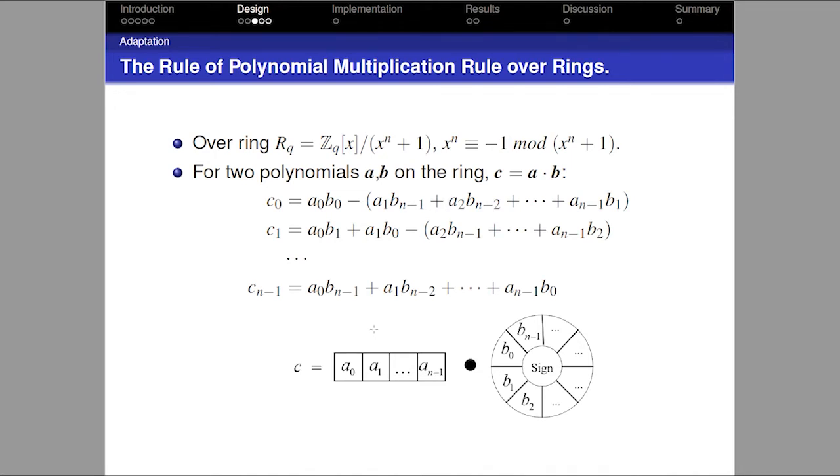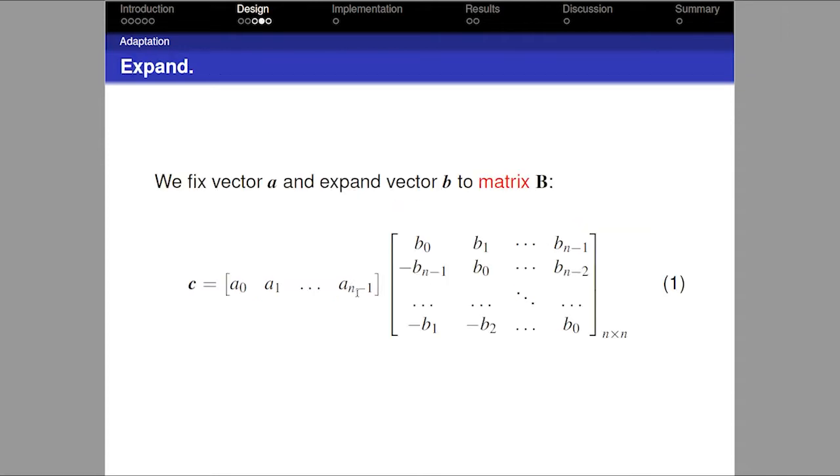So we fix vector A, and we can say that only the sign and the sequence of vector B change. Therefore, we can expand vector B to a matrix. In this way, it will fit the matrix operation of the tensor core.